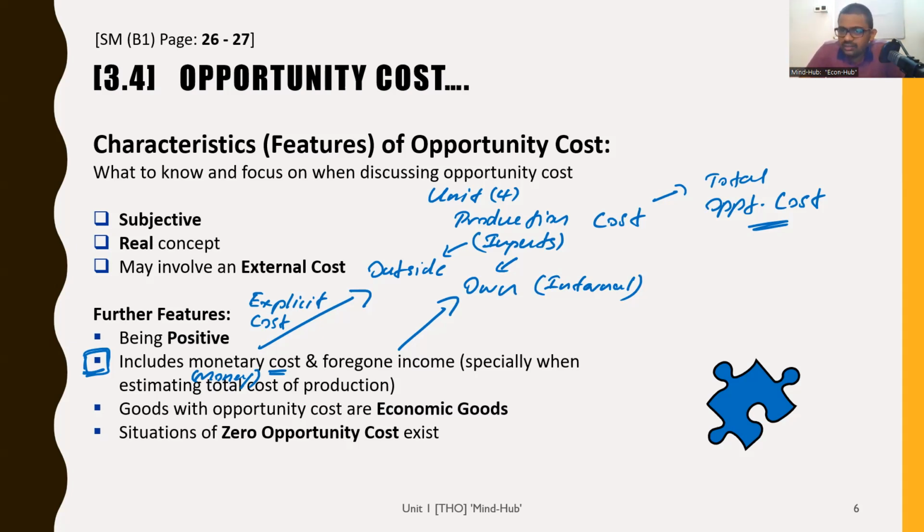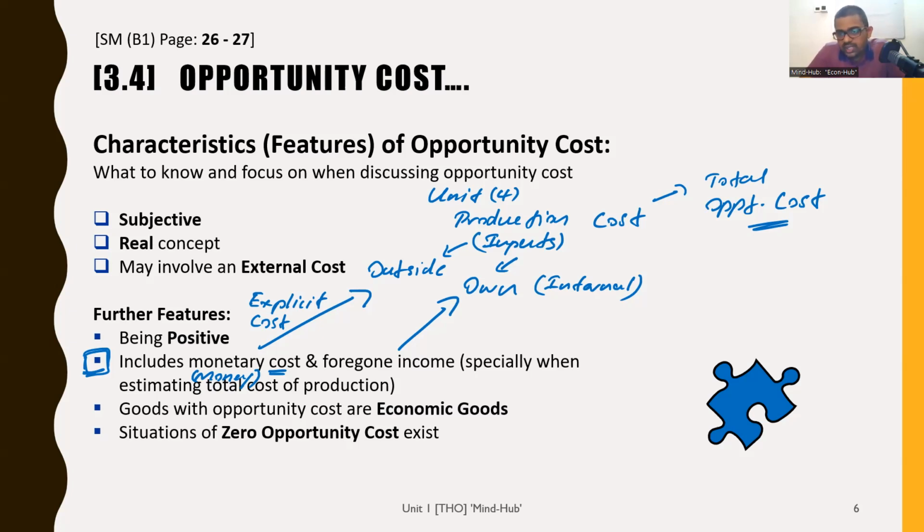So I'm not paying rent. I'm not paying a lease. It's my own building. Got it? So I'm using my own building to run my own bakery. So it's an own input, an internal input that I'm using within the business. But the thing is, we should understand the building might be my own.